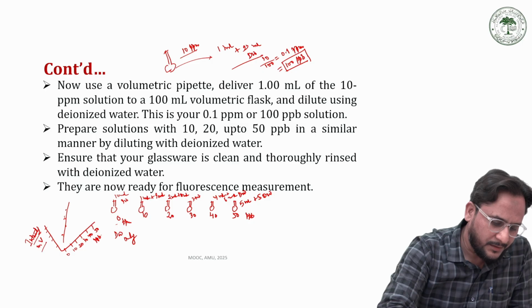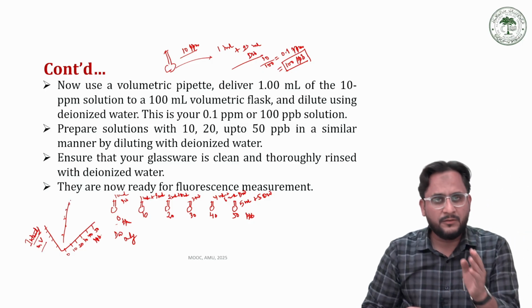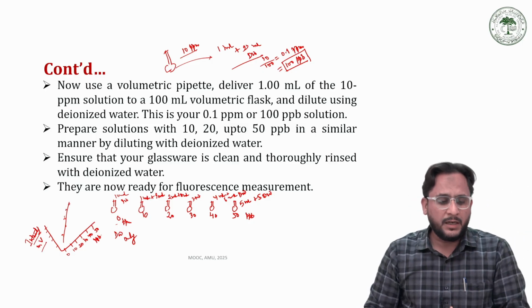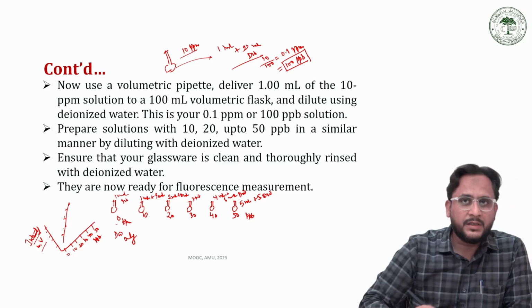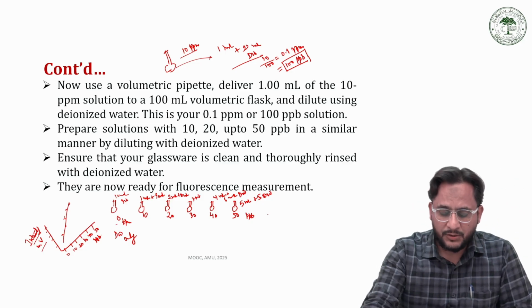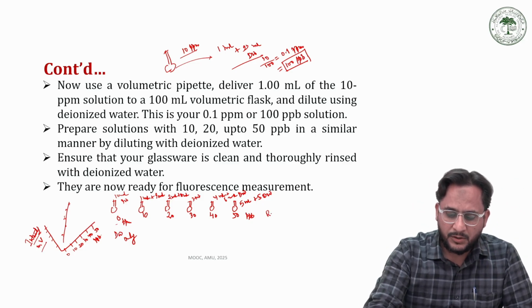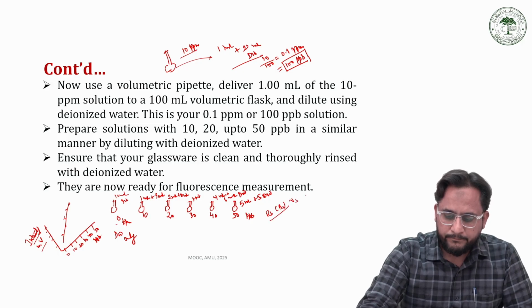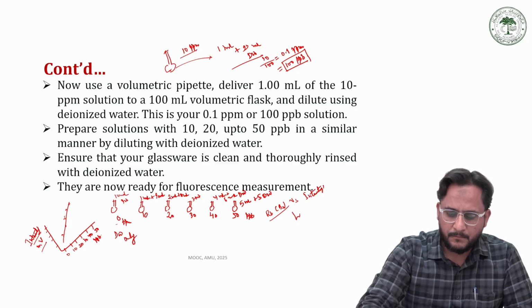Some of the points lie exactly on this straight line, while some fall a little bit outside the line, but still we get a straight line showing a linear relationship between the concentration of riboflavin or B2 and intensity. It is linear. Now our calibration curve is ready.